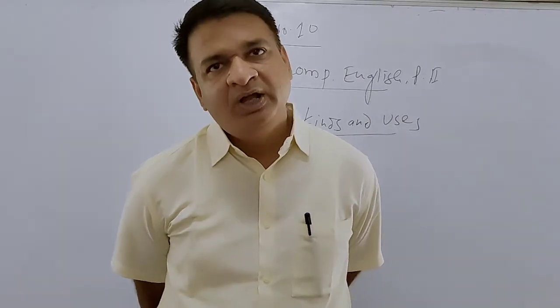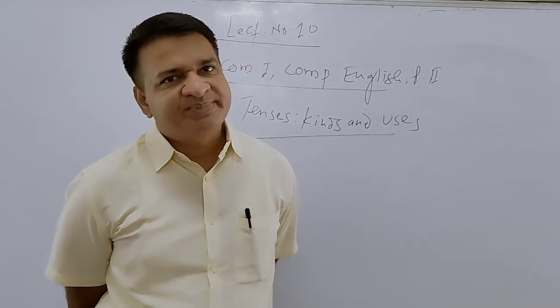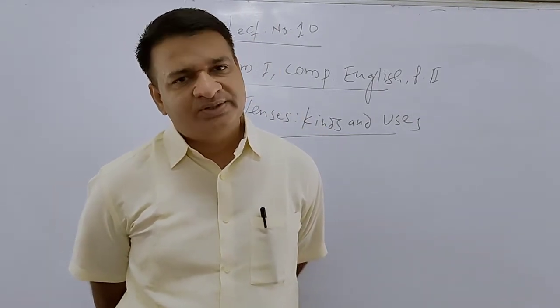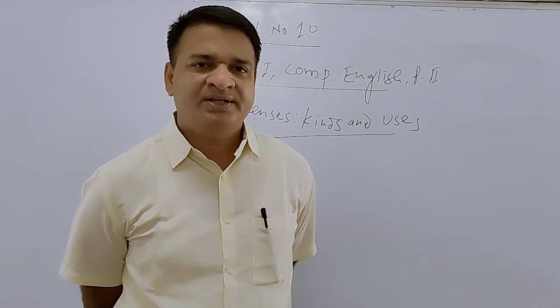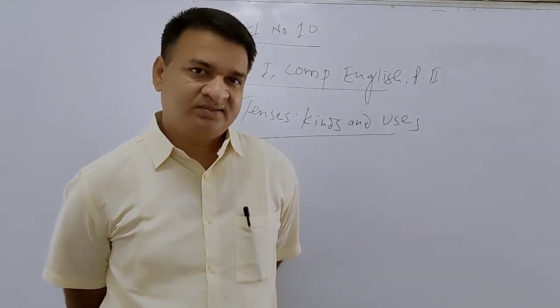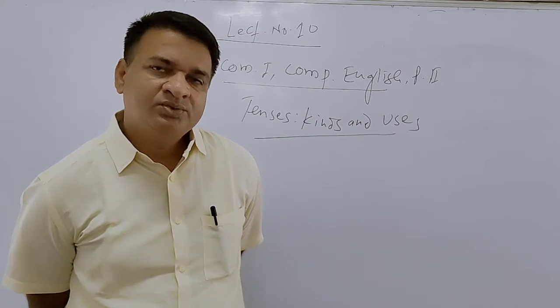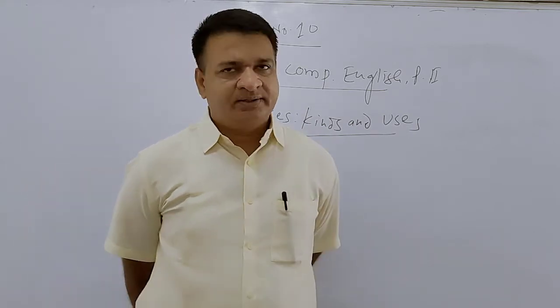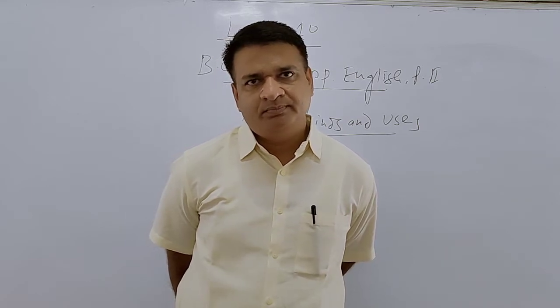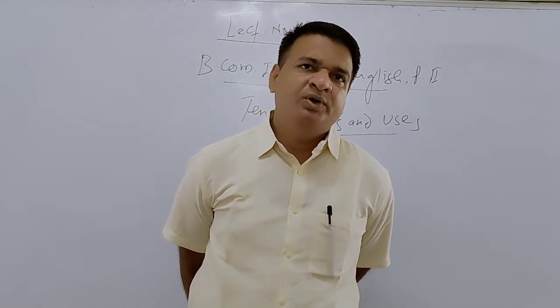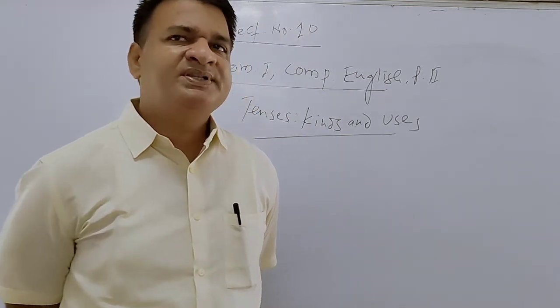Am, is, are we also use in the simple present to give one's identity or profession. He is a singer. They are players. We are cricketers. We are Indians. So this way, am, is, are and the basic verb forms also play an important role in simple present tense.